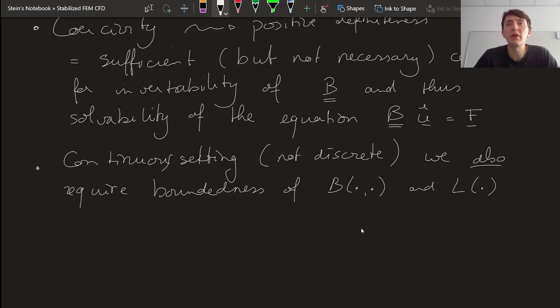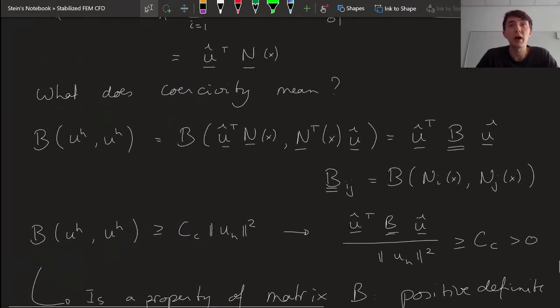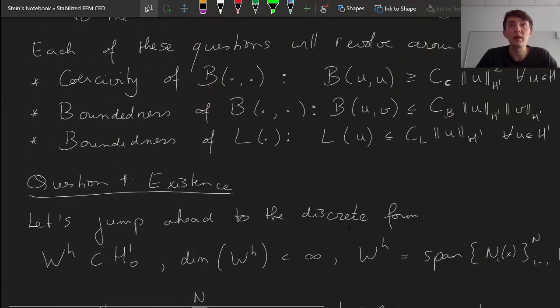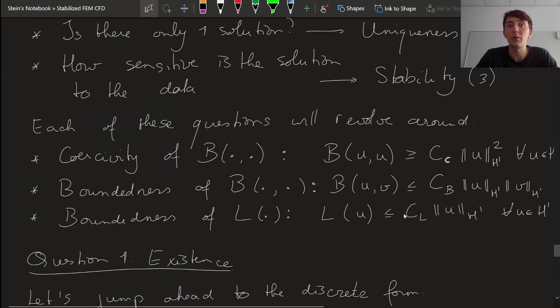Now, I'm not going to go into why this is, but in principle it's not a very strange concept, because what boundedness was saying was that we didn't get infinite values when we plug in different functions here. So if this is always smaller than or equal to some constant times these norms, essentially that comes down to this not blowing up. And intuitively it makes sense that that's something that we would require from our bilinear and linear forms, that we don't get infinite values.